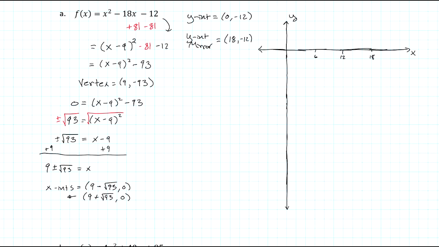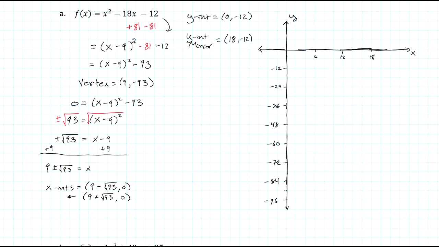And then if I'm going by 6s, then this would be negative 12, negative 24, negative 36, negative 48, negative 60, negative 72, negative 84, negative 96, and that's good enough. That's down far enough to that minus 93.